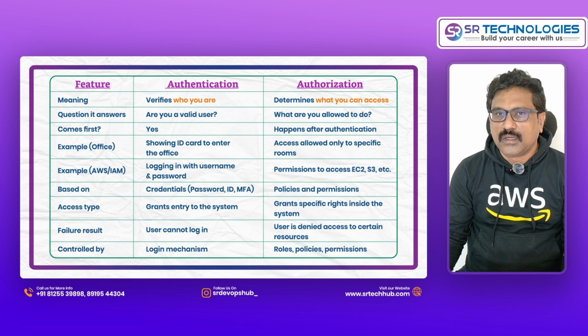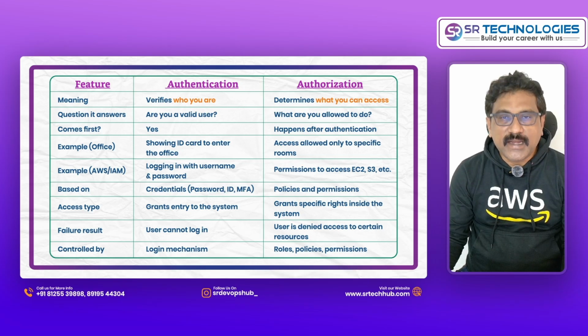Then the interviewer comes and you take the interview. Once you are selected in that interview, they will give an access card to you to enter inside the office. That is called authentication.